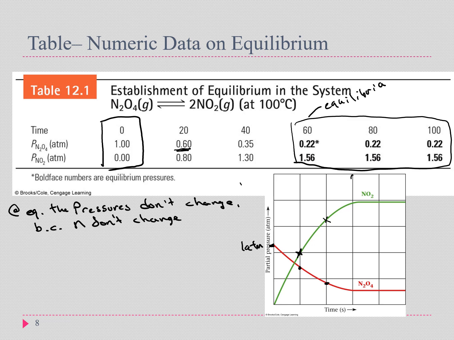And so we see that these pressures don't change over time anymore. So that starts off how we're going to establish our equilibria. Next up, we're going to look at something we call the equilibrium constant, which we're going to be calculating for the next 5 chapters.